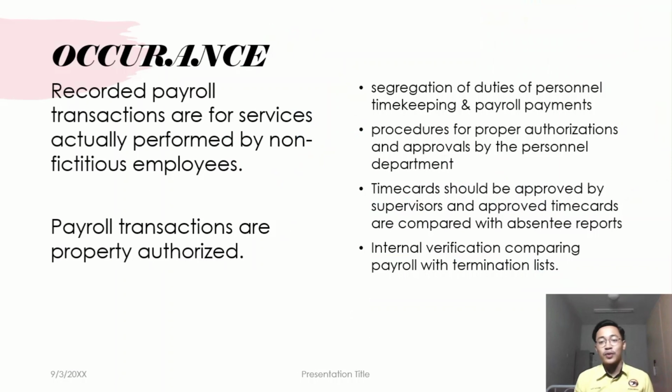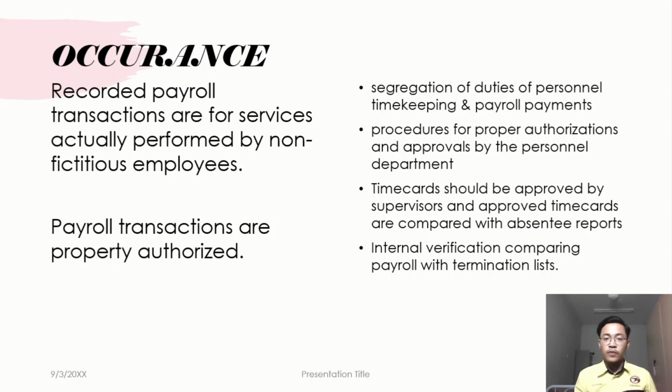Okay, let's move to the first internal control objective, which is occurrence. Occurrence means recorded payroll transactions are for services actually performed by non-fictitious employees. There should be segregation of duties of personnel, timekeeping, and payroll payments. Payroll transactions are property of the firm.